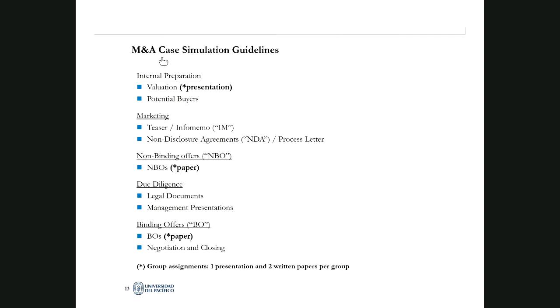So there are going to be 3 deliverables in this course. One is going to be the evaluation, which is going to be a 2 to 3 slide presentation per group. All the deliverables are going to be done by groups. You can see them here in bold with the stars. So internal preparation, we will have the evaluation, and here we have the first deliverable, which is the presentation.